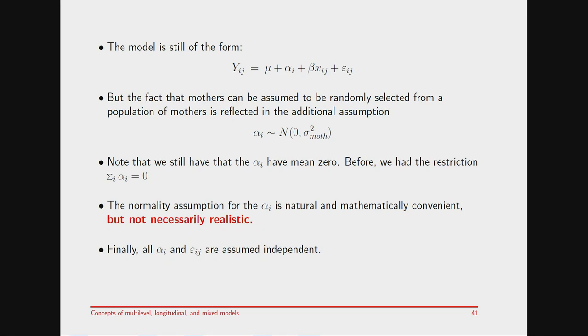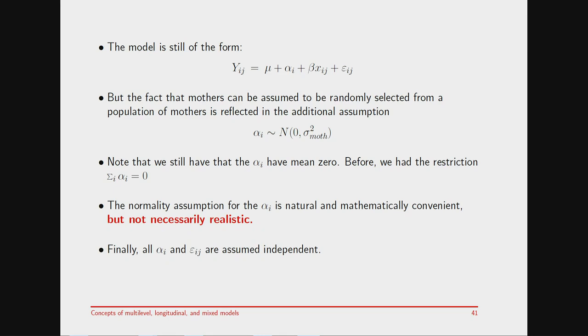Because we're talking about linear models, continuous outcomes, the error terms already are normally distributed, so it makes sense to use a normality assumption for these alphas. We will come back to that, because the normality assumption is not always satisfied. And then the question is, how sensitive are the results if you deviate from that normality assumption? But that's for much later in the course. So we will assume a normal distribution.